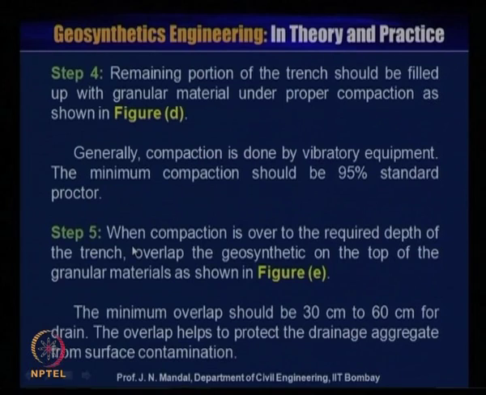Now, step 5, generally compaction is done by vibratory equipment. The minimum compaction should be 95% standard Proctor. Step 6, when compaction is over to the required depth of the trench, overlap the geosynthetics on top of the granular material, and the minimum overlap should be 30 centimeter to 60 centimeter for a drain.